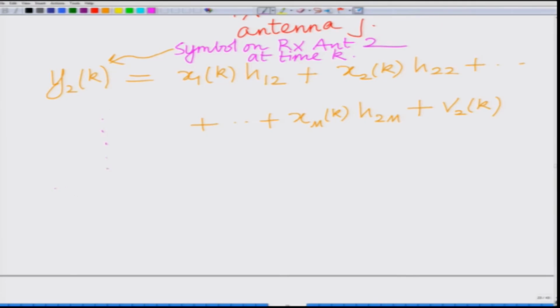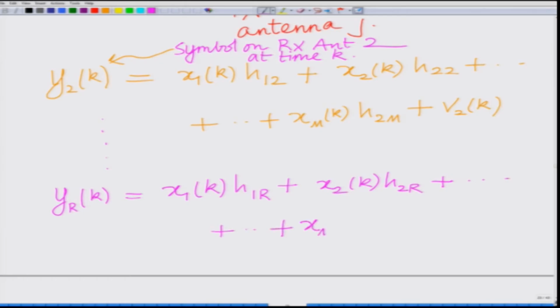I can extend this model to yRk equals x1k h1R plus x2k h2R plus so on plus xMk hMR plus vRk, alright.